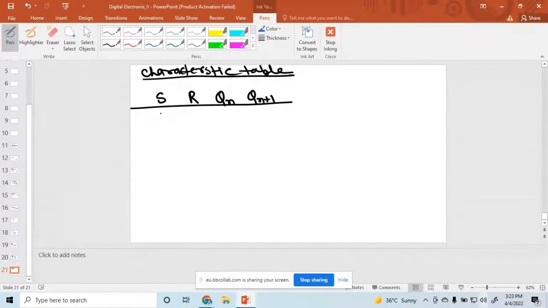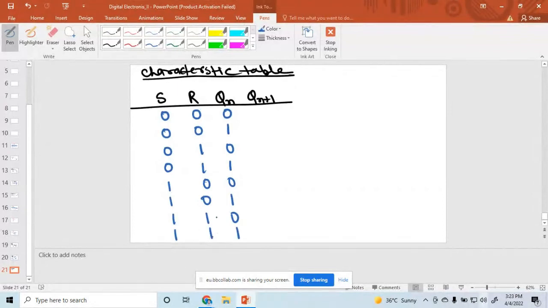The values are 0 0 0, 0 0 1, 0 1 0, 0 1 1, 1 0 0, 1 0 1, 1 1 0, 1 1 1. What is the value in the truth table of SR flip flop when S is 0, R is 0?